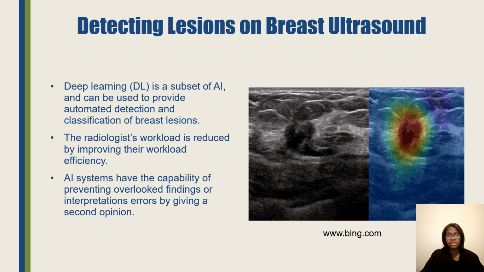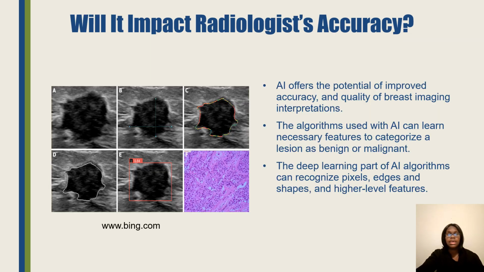The radiologist's workload is reduced because AI is going to help improve the workload efficiency. And by doing so, it's going to help overlook any findings or misinterpretation errors and give a second opinion. It can help the radiologist categorize a lesion as benign or malignant.